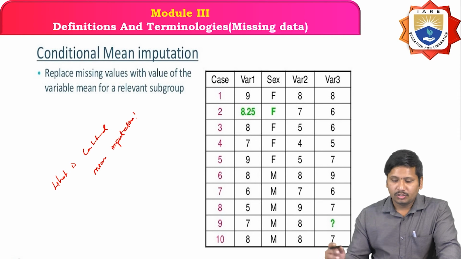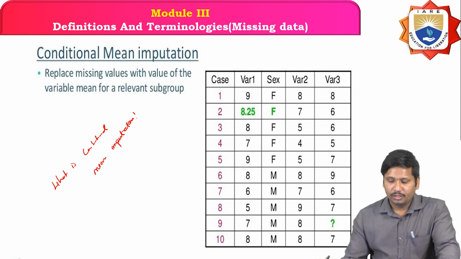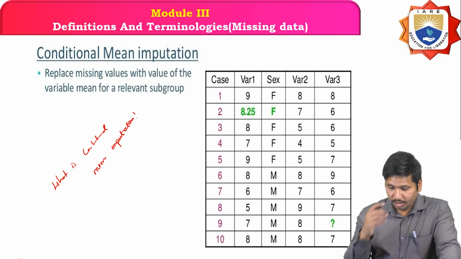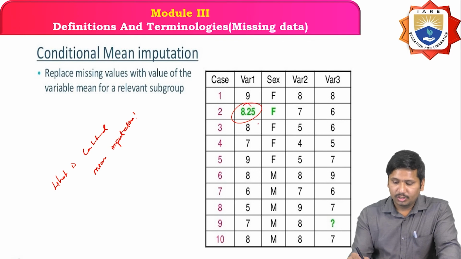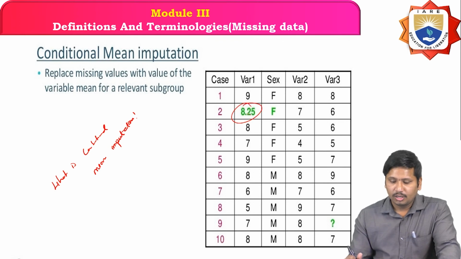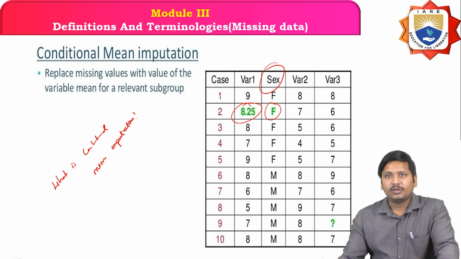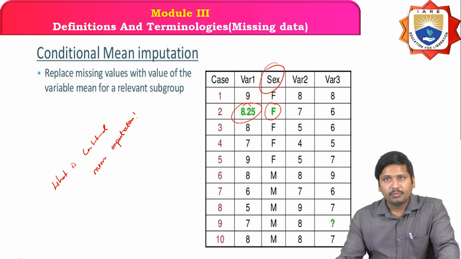Based on the variable, I can fill this in. Here the data is missing, so I fill this variable with the conditional mean. Here also, sex may be either male or female, and based on the characteristics of this variable, I can fill in whether it is male or female. That kind of thing we call conditional mean imputation.